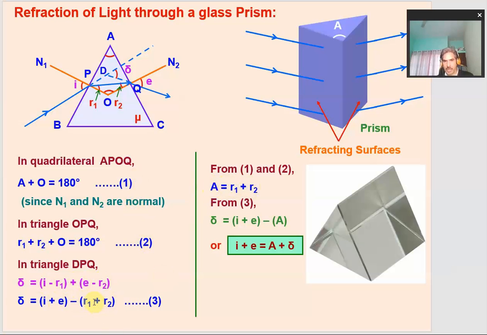So in place of R1 plus R2, we can substitute the value A. So equation 3 becomes delta, the angle of deviation, equal to I plus E minus A. Or let us rearrange it: I plus E is equal to A plus delta. This formula is called the prism formula. It is the relationship between the angle of incidence, angle of emergence, angle of prism and angle of deviation.